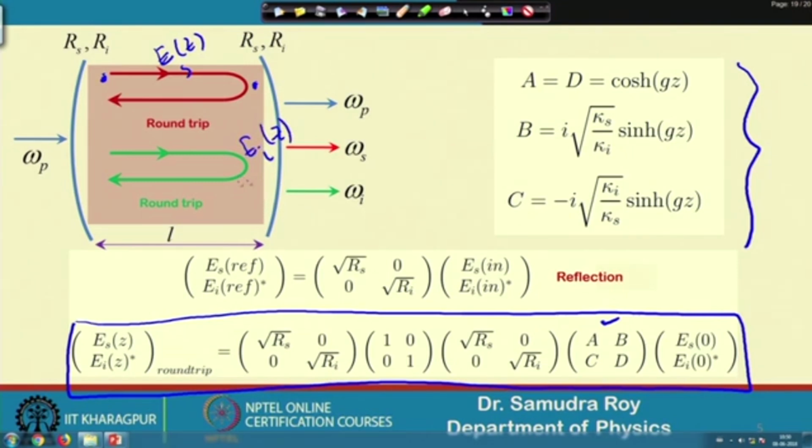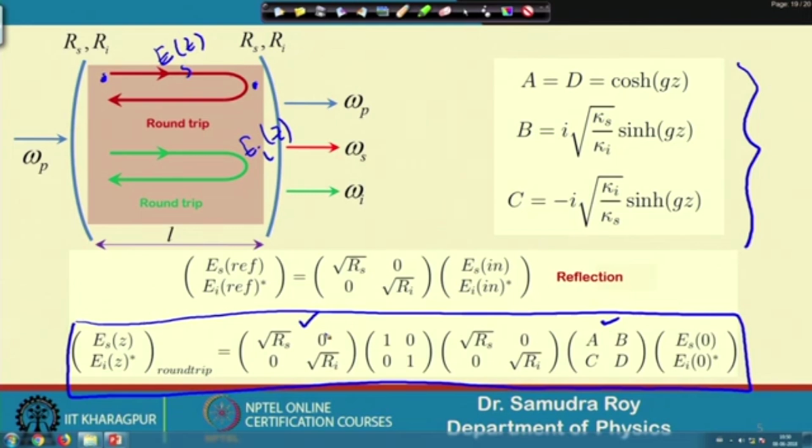After reflection it goes back, and when it goes back there is no change of the field because the phase matching is not there. So, a unit matrix is associated, and the reflection matrix is associated because there is a reflection, and when it comes to this point again it will be reflected by the next mirror to start the next round trip. So, this reflection is basically given by this matrix.